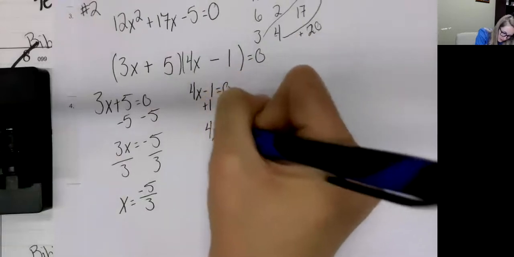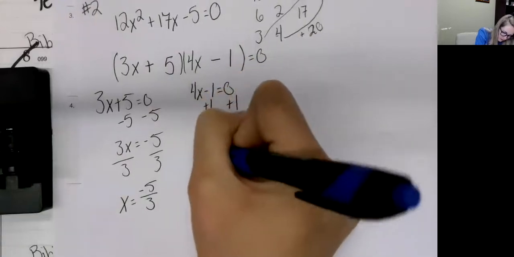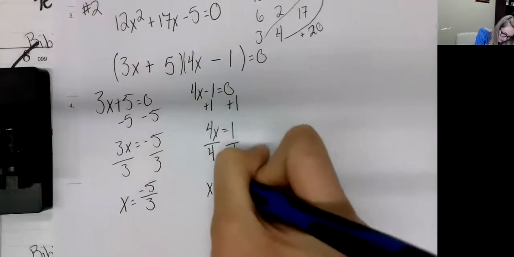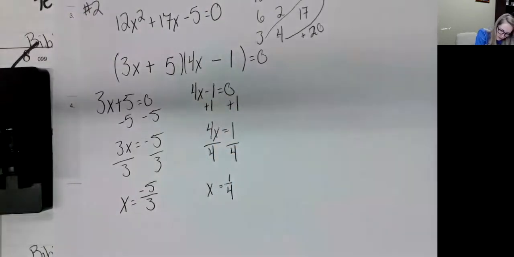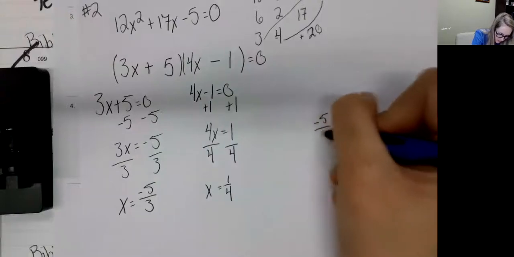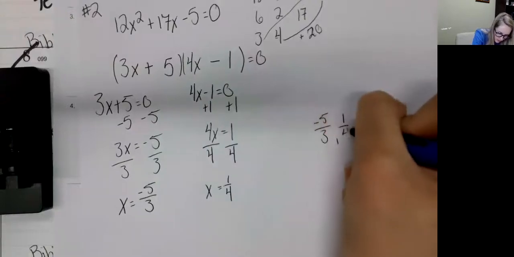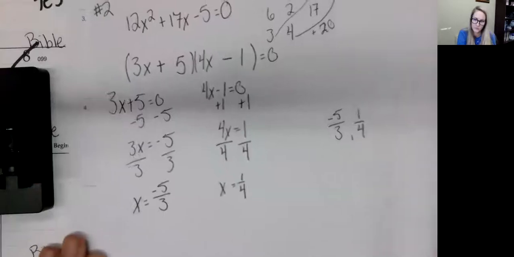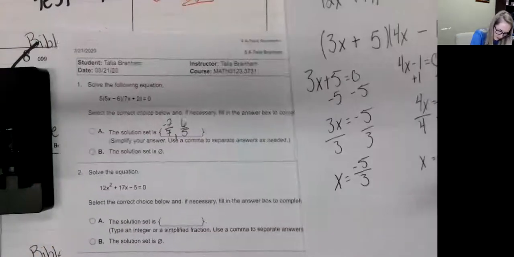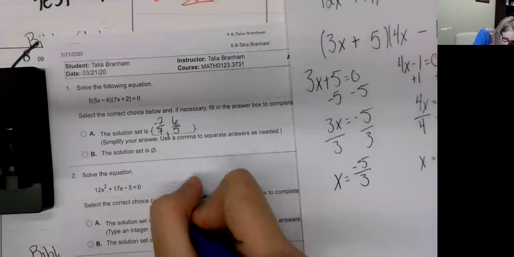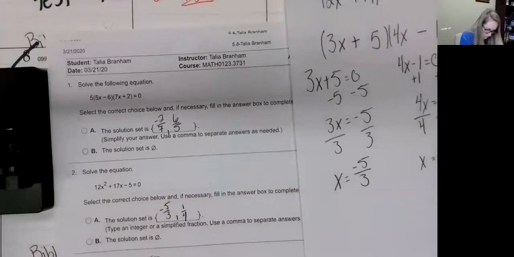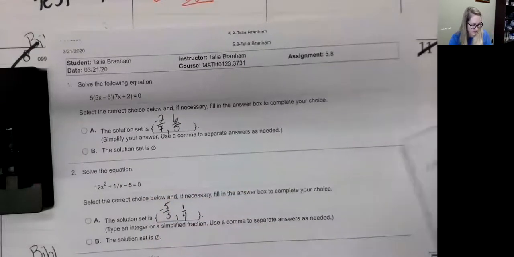So 4x equals 1, divide by 4. So x equals 1/4. And that would be my solution set. So I'd have -5/3 and 1/4. Put them on here. So we have -5/3 and 1/4. Go ahead and flip this page over.